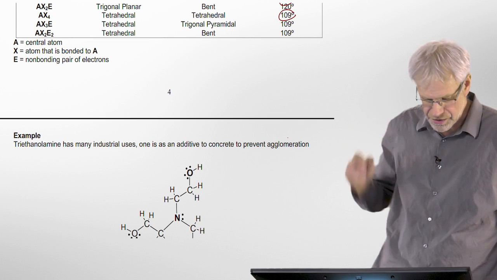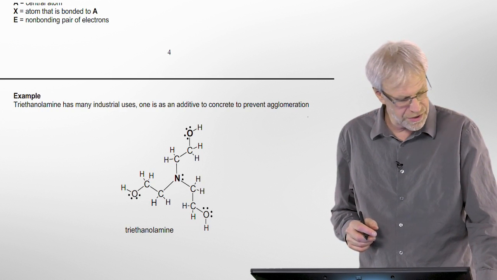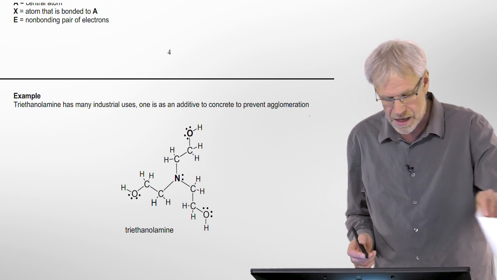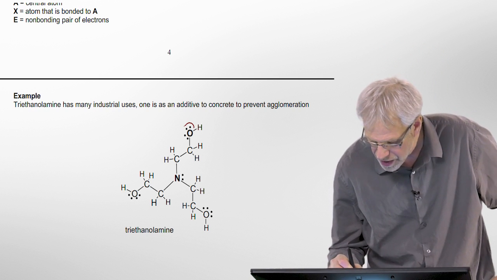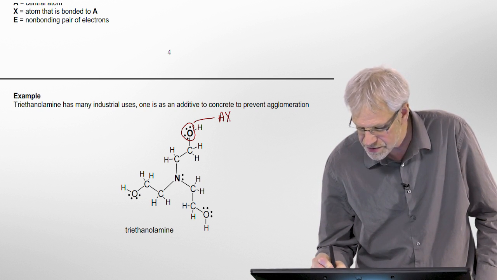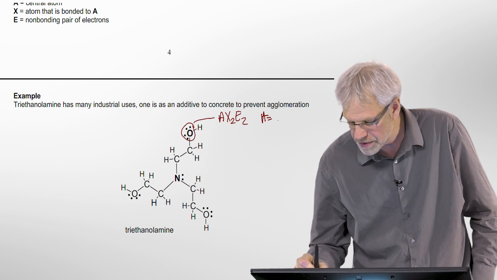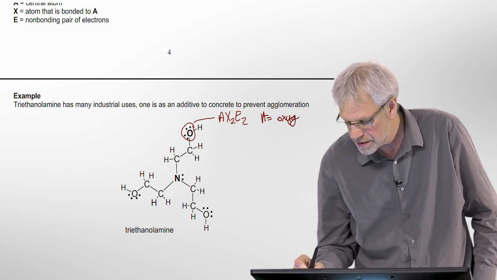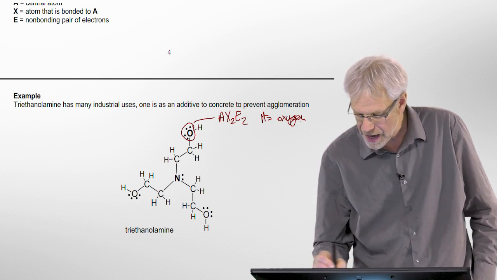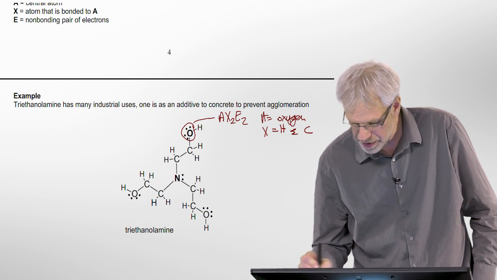So triethanolamine. For the oxygen, for instance, in triethanolamine, according to the notation of the table, this would be AX2E2, where A, the central atom, is oxygen. The X in this case is the bond to hydrogen and also the bond to carbon.